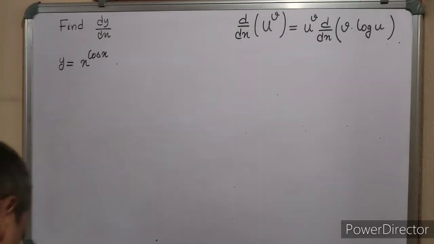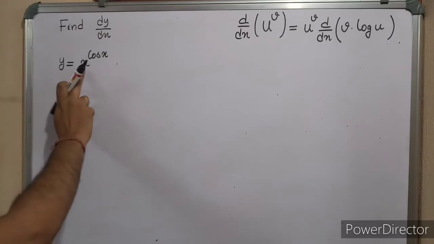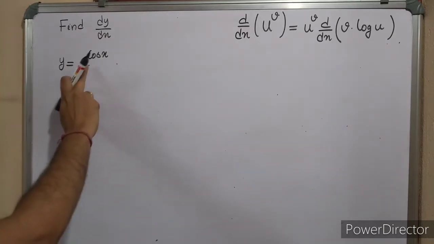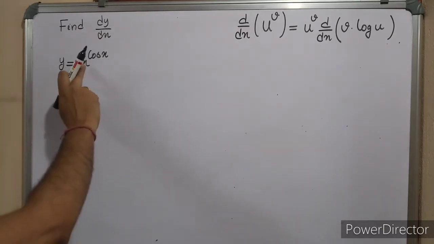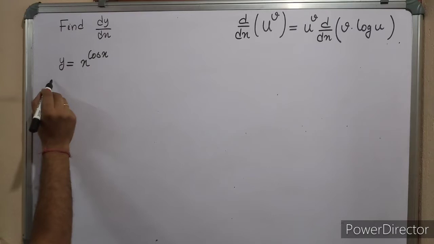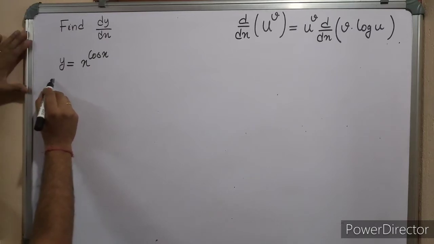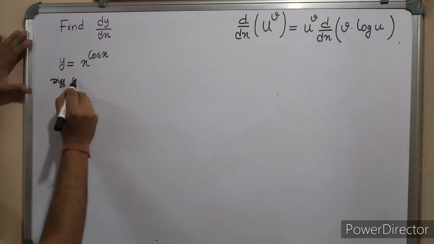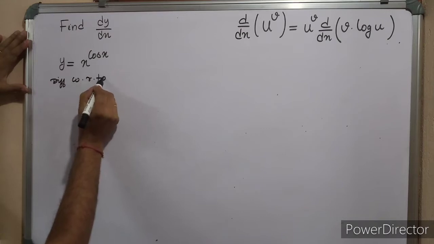Now another question. Now in this question, it is y is equals to x to the power cos x. x is u, cos x is v. This one is also variable to the power variable form, or we can say this is u to the power v form. Directly we can differentiate this function, differentiating with respect to x.